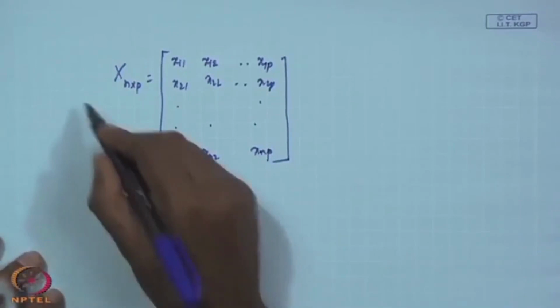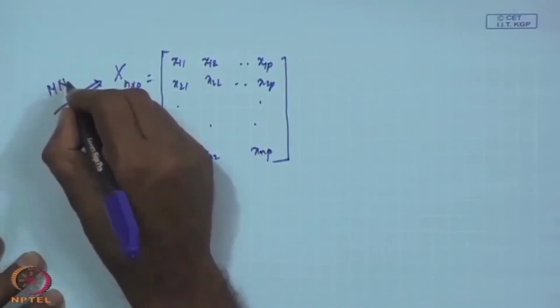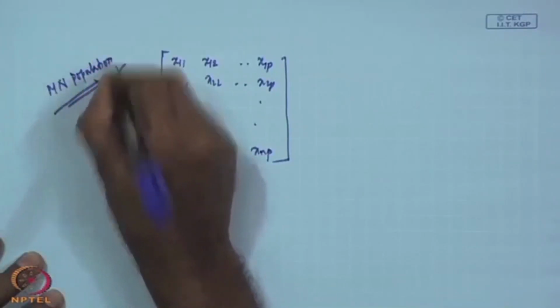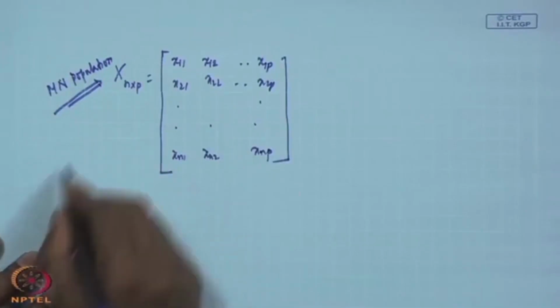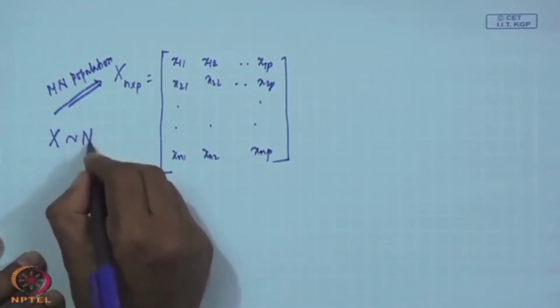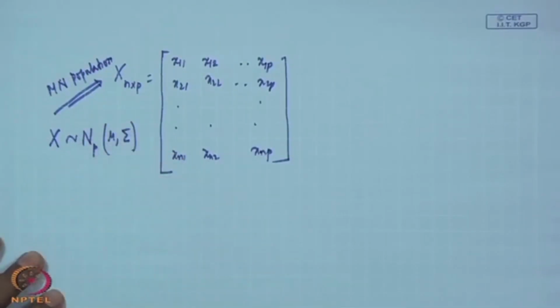We are saying that we have collected the data from a multivariate normal population, and we are defining that our x is multivariate normal with p variables, mu and sigma, the population parameters.